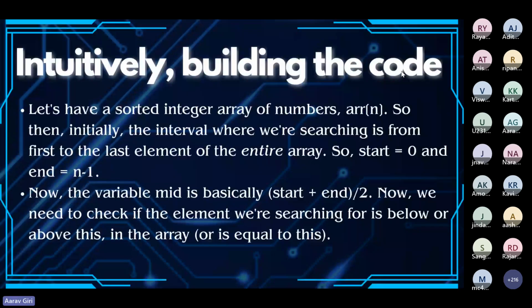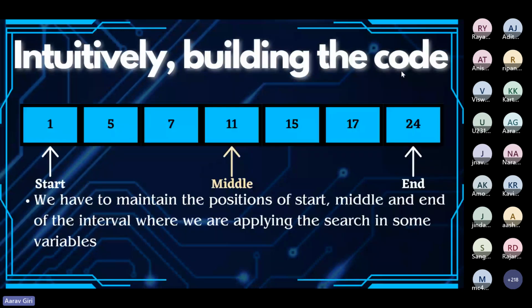Middle element I told you right now. Then once you get the middle element, you need to check, is that middle element equaling 15? Let me call that key. Is my middle element equal to the key? If not, is it greater than the key or is it less than the key?